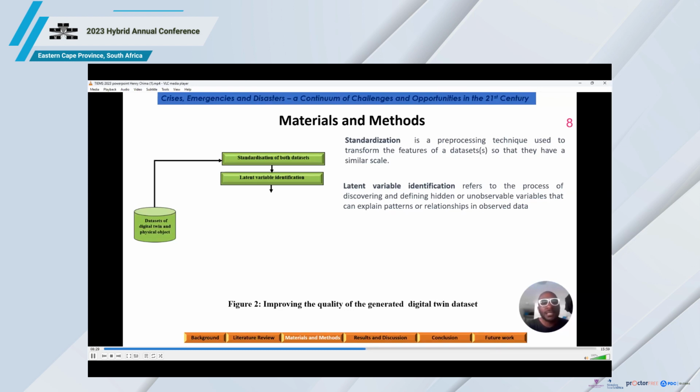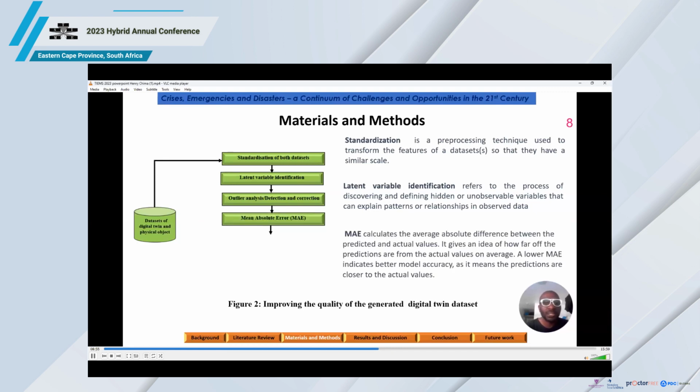When they are standardized, then latent variable identification is applied, which helps to identify hidden or observable variables in the data set. Then outlier detection and analysis is carried out to see if there are outliers in variables, in variable pairs from the two data sets.